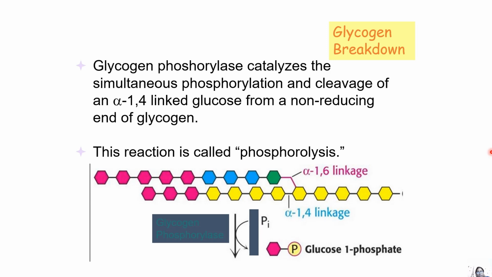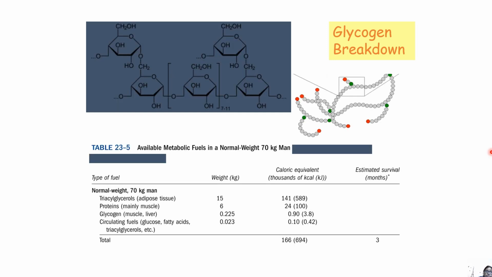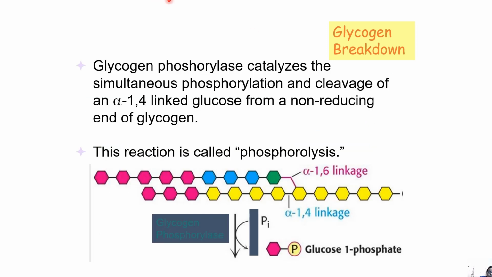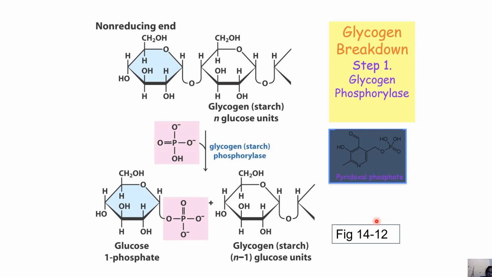If you talk about glycogen breakdown, we know that glycogen phosphorylase catalyzes simultaneous phosphorylation and cleavage of an alpha 1,4 linked glucose from the non-reducing end of glycogen, and this reaction is called phosphorolysis. So for glycogen breakdown, the first step is glycogen phosphorylase. We'll get glucose 1-phosphate and glycogen with N-1 glucose units.